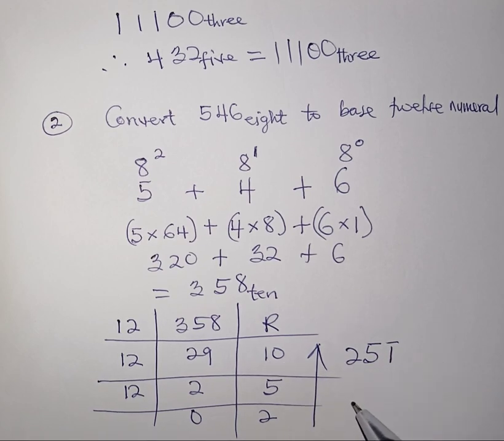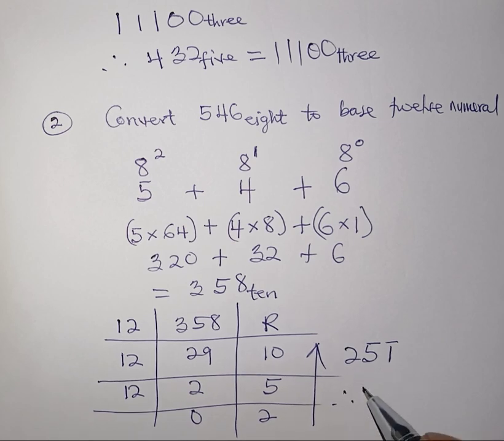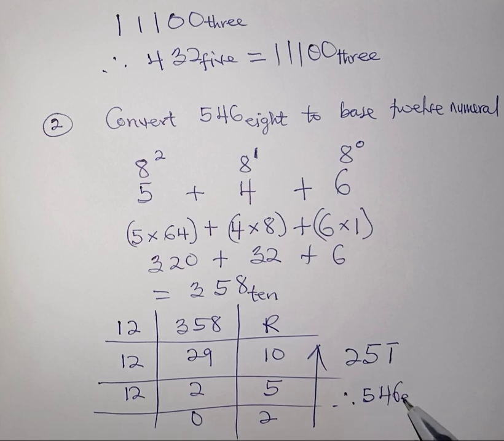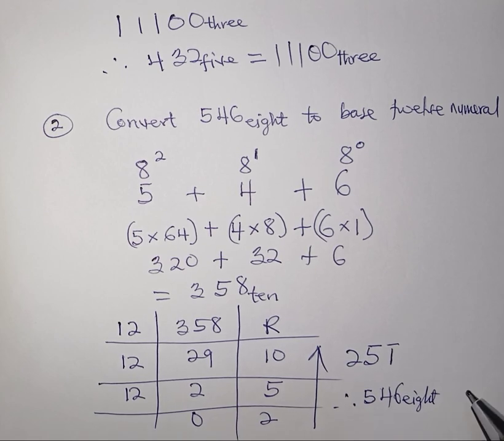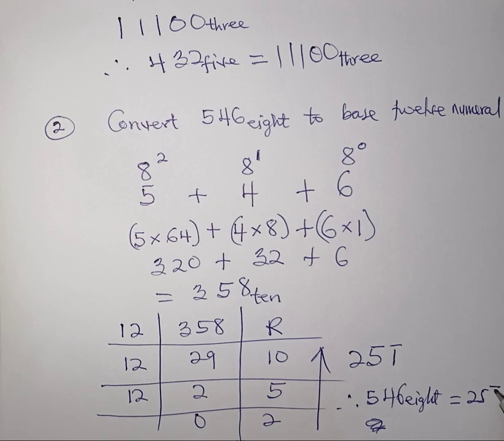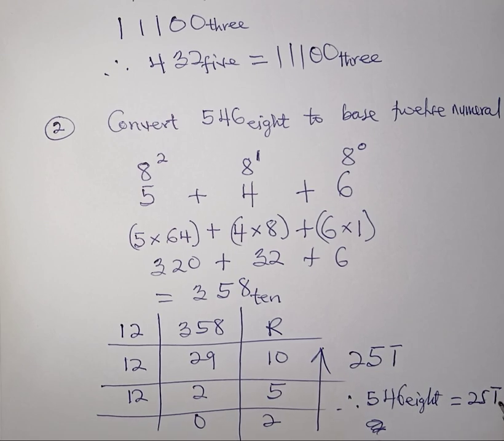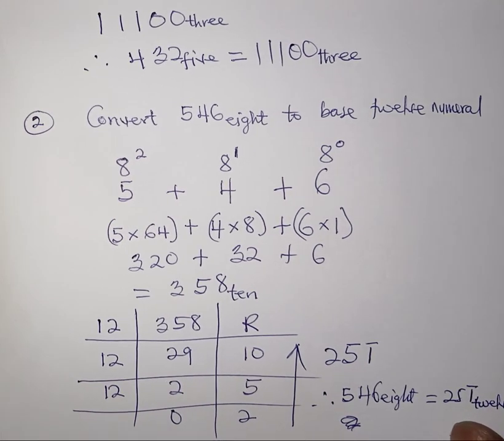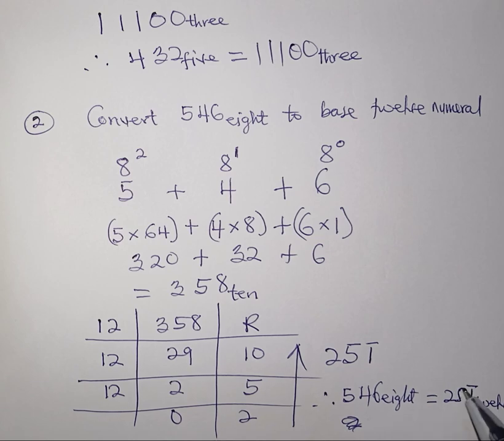So we can say that therefore 546 base 8 is equal to 25T, or 2 5 10 base 12. Yes, base 12. That is the answer you get for this.